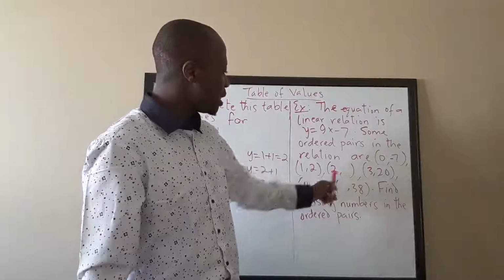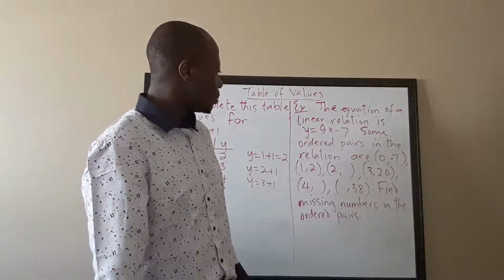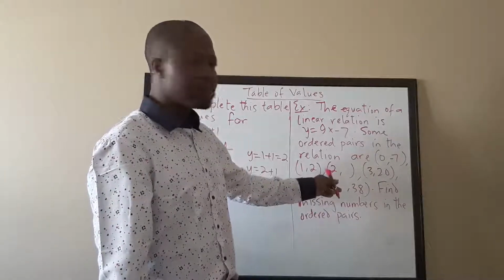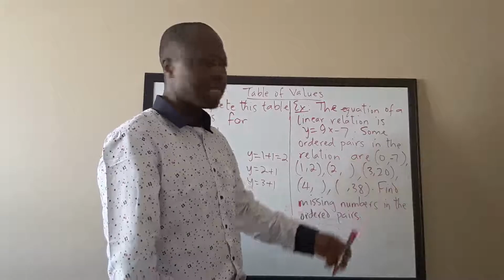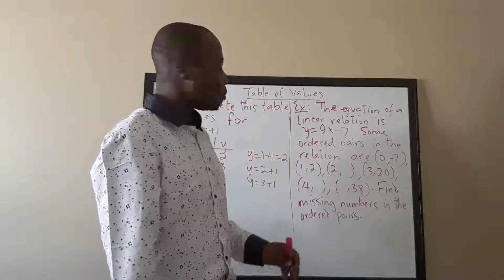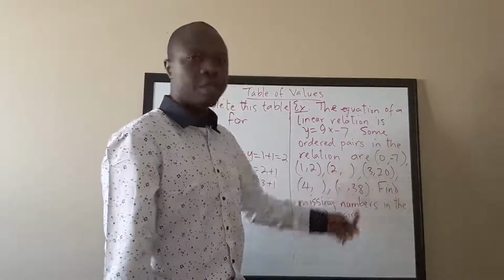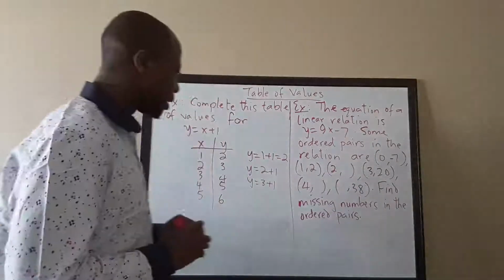This is missing, this is missing, this is missing. So let's start with doing these two, and then if there is still time, we can do the last one. But once we've done these two, you'll understand exactly what we're supposed to be doing anyways.